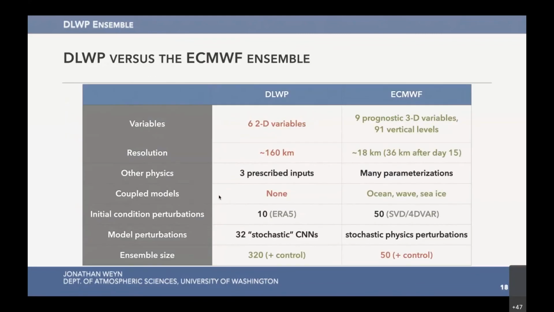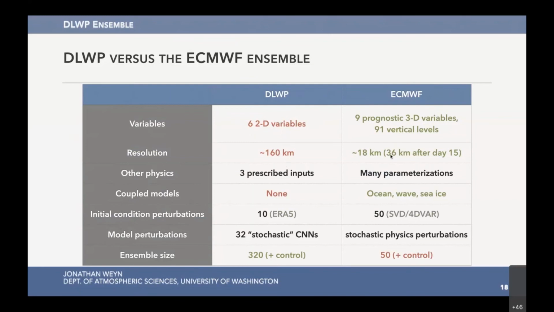So here's a chart comparing our current approach with the DLWP ensemble with that of the operational European Center ensemble, which is what I will be comparing to. In terms of variables, DLWP is far inferior to ECMWF with only 6 two-dimensional variables. And in terms of resolution, we're operating at about 1.5 degrees, whereas ECMWF is all the way down to 18 kilometers.